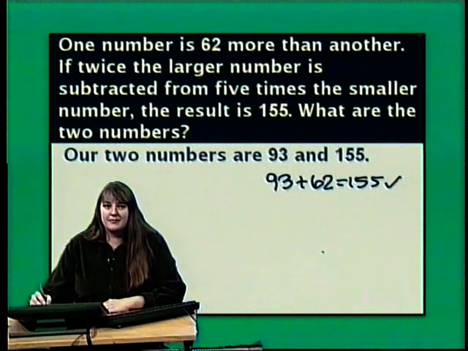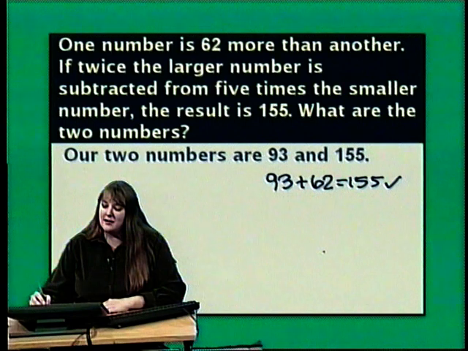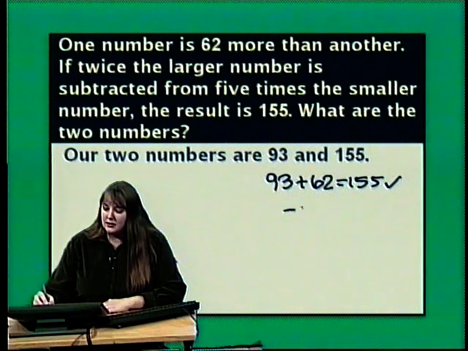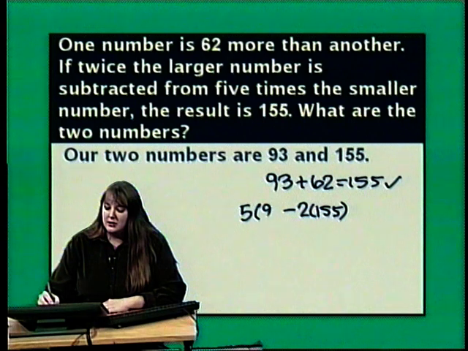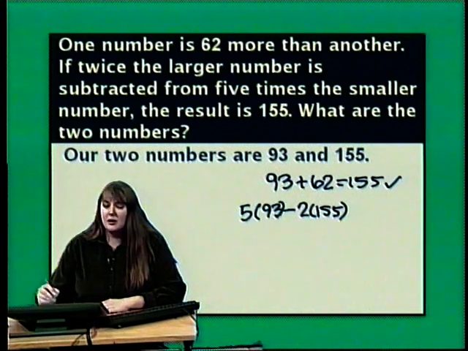So that checks. I'm also told if twice the larger number is subtracted from 5 times the smaller number, the result is 155. So I'm subtracting 2 times 155 from 5 times 93. I'm going to pull out a calculator to do this calculation.